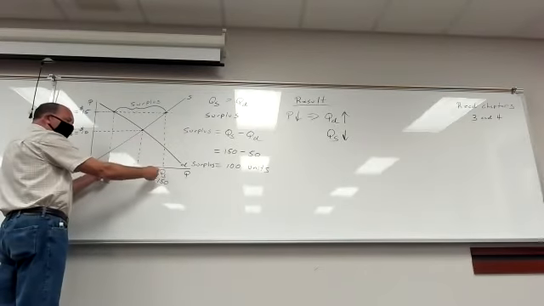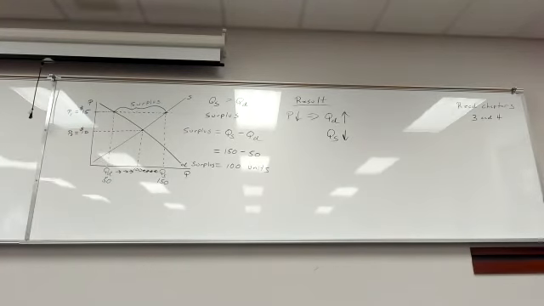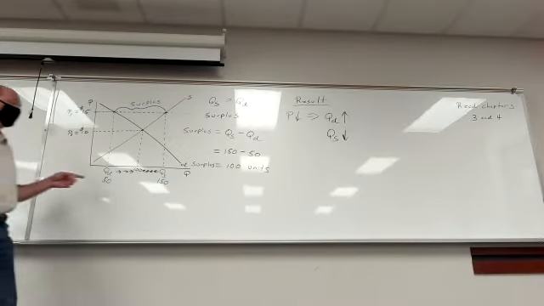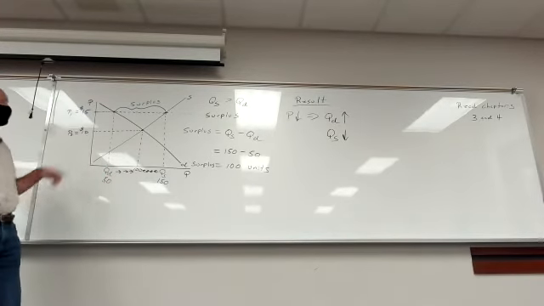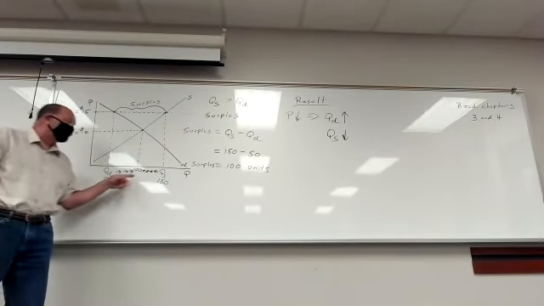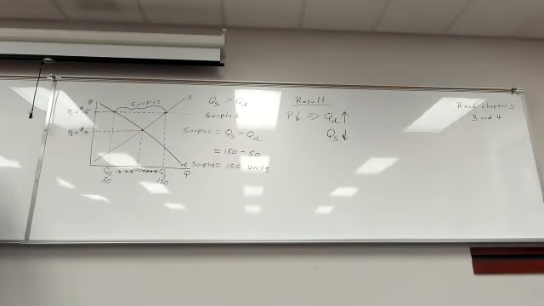Quantity supplied will continue to fall until we get back down to the price of $10. And at the price of $10, demanders will say, hey, I'm willing and able to buy 100 units of the good. Suppliers will say, hey, I'm willing and able to sell you 100 units of the good. And the market clears, and both the demanders and the suppliers are happy with that situation.